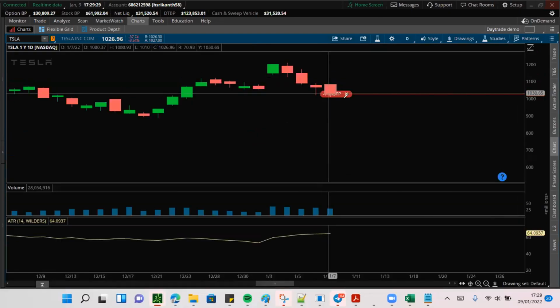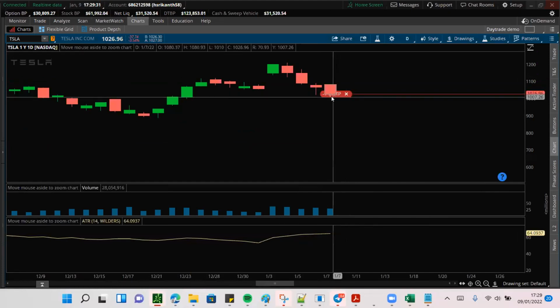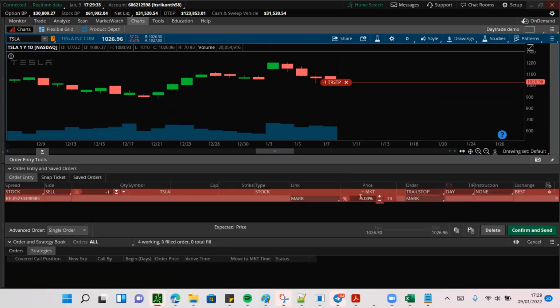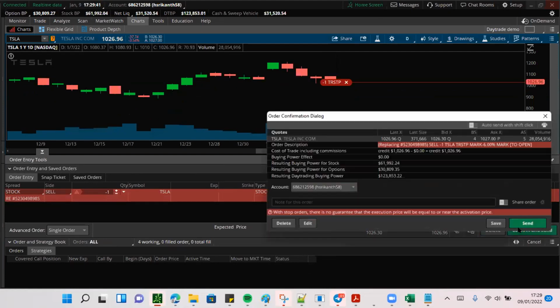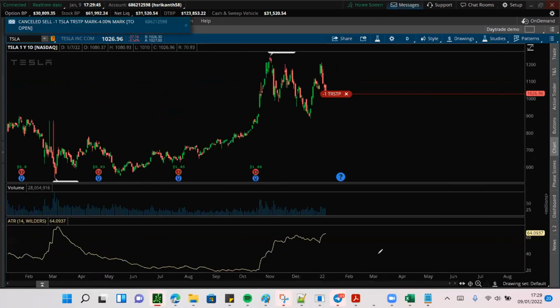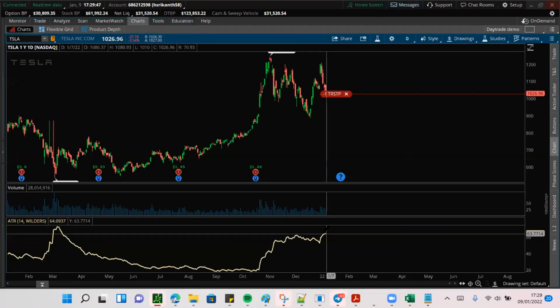And if you want, you can go to cancel or replace order, and if you change your mind, you just change it to 6%. So I strongly suggest you do some analysis, use an ATR to find out your stop loss.